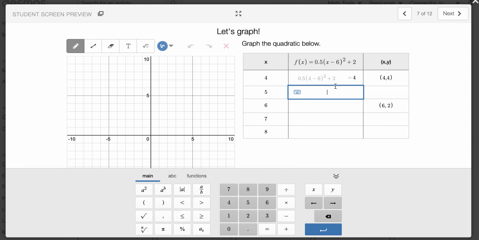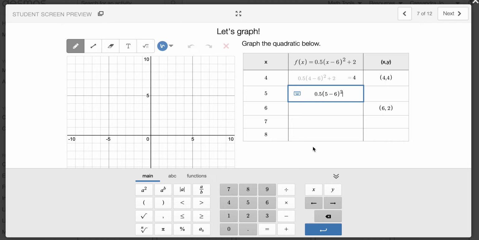And then we're just going to repeat this process. So instead of plugging in a 4, I'm going to plug in a 5. So 0.5 times (5 minus 6) squared plus 2. Click off of it and it calculates it for me. So my x value is 5, comma, my y value is 2.5.